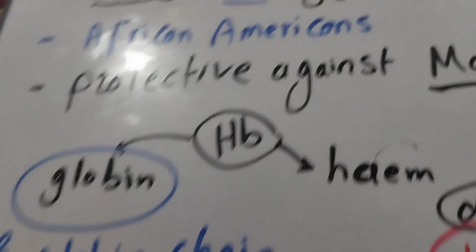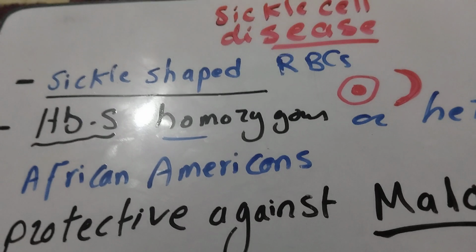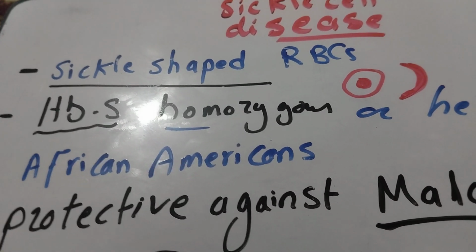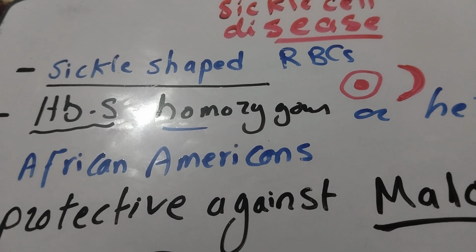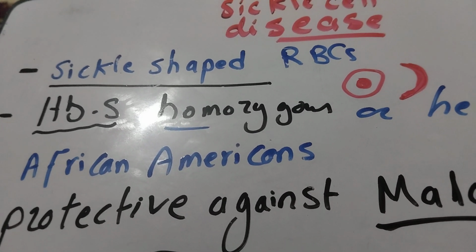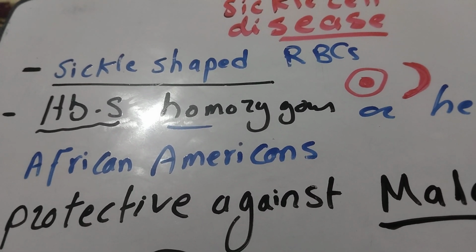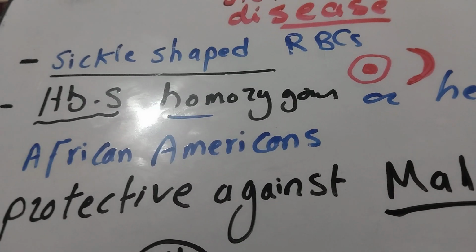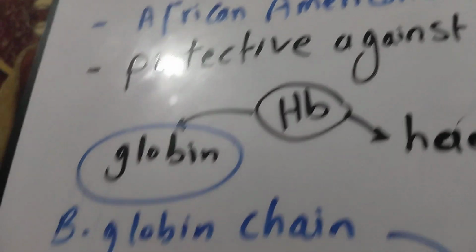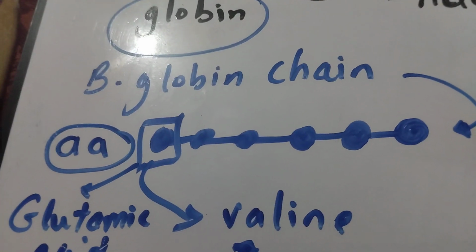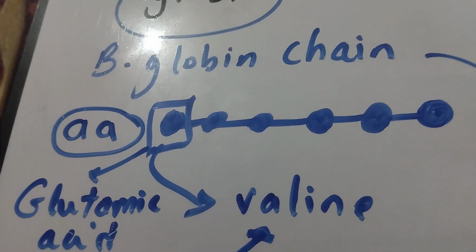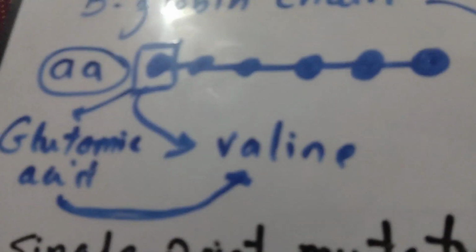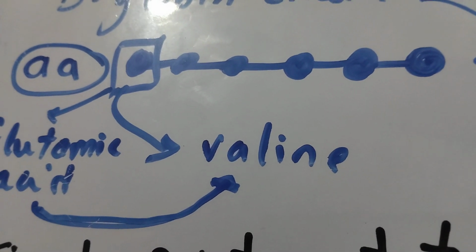Let's get started again. Sickle cell disease is a disease that is common in African Americans, where the hemoglobin is converted from normal hemoglobin to what's called hemoglobin S. Hemoglobin S becomes more than 30%, and hemoglobin S has a problem in its structure. This problem is that the globin chain at position number 6, glutamic acid, is replaced by valine.